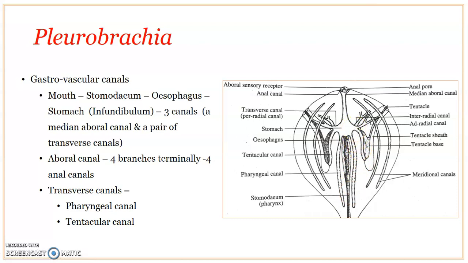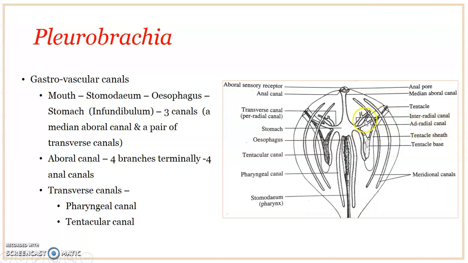Fine. Now, terminally, the transverse canal divides into interradial canals. You can see two interradial canals arise from each transverse canal. These are the interradial canals, and each interradial canal further divides into adradial canals.